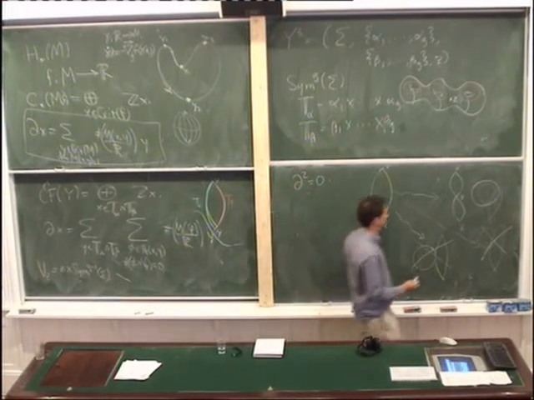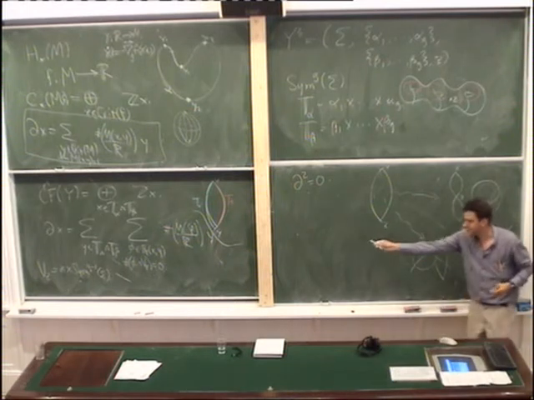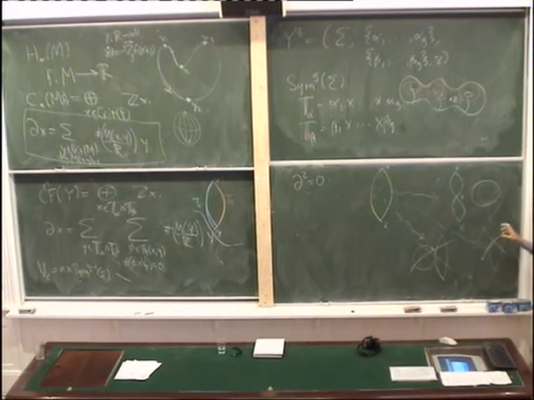Because this intersection number with Vz is a topological thing, and it's additive. So the intersection number with Vz of this sphere plus the intersection number of Vz with this underlying disk must be equal to 0. But both of those quantities are non-negative because Vz is a holomorphic subvariety and both of these are holomorphic subspaces. Therefore, the intersection number of Vz with that sphere has to be 0.